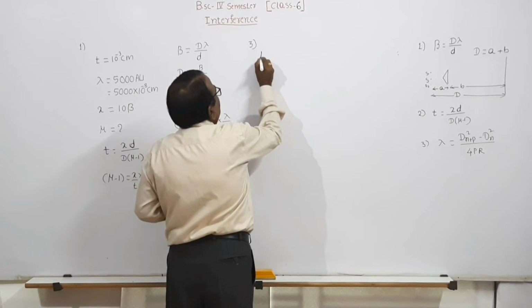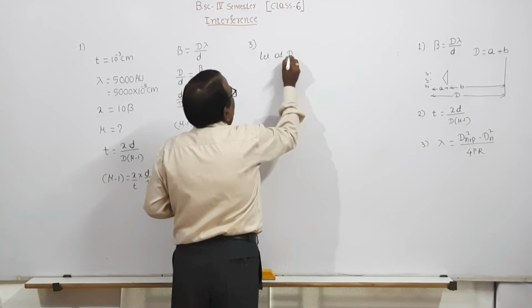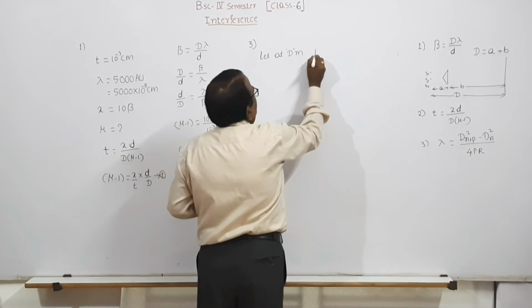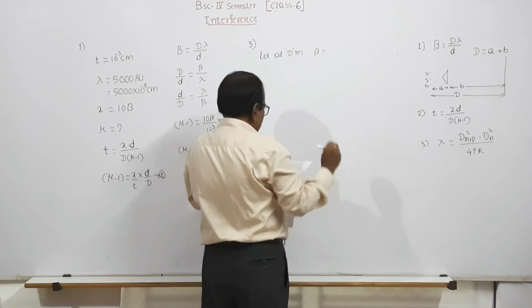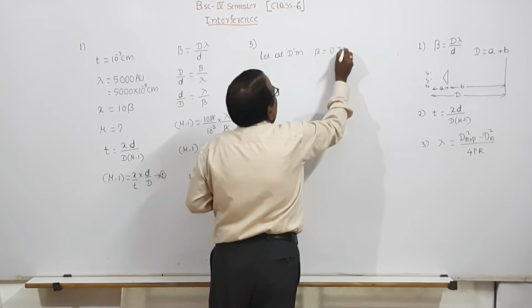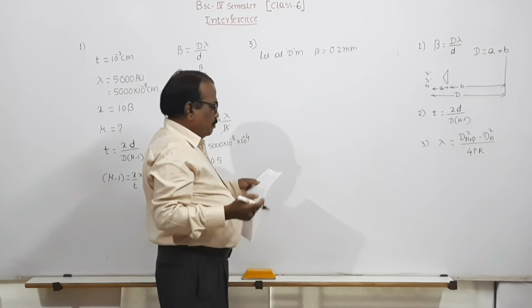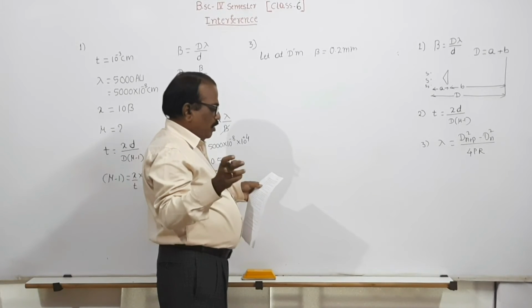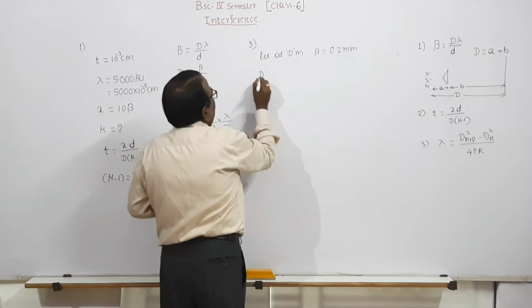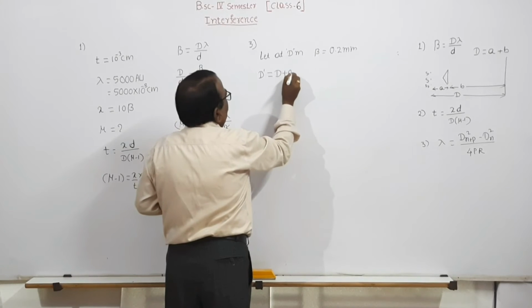So let at D meter, fringe width obtained beta is equal to 0.2 millimeter. When the eyepiece is moved away by 0.5 meter, that means your D dash is equal to D plus 0.5.